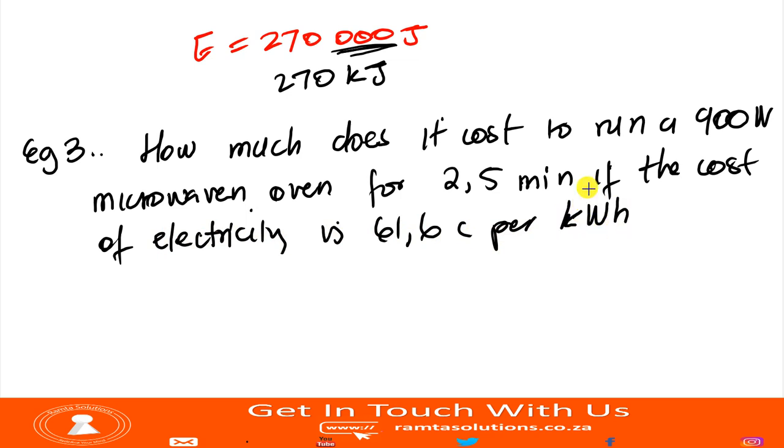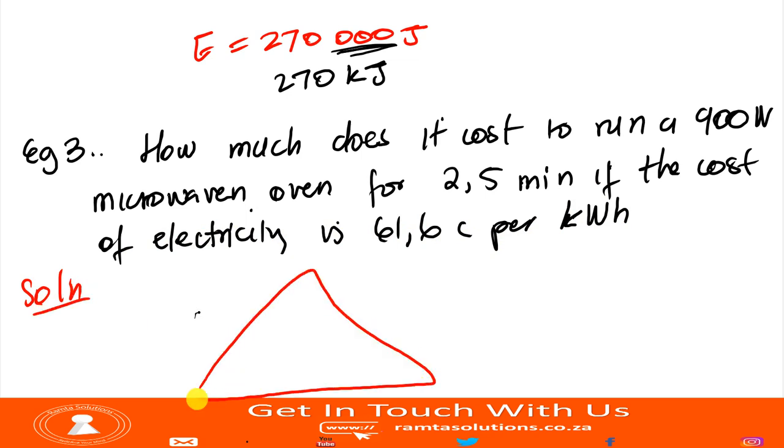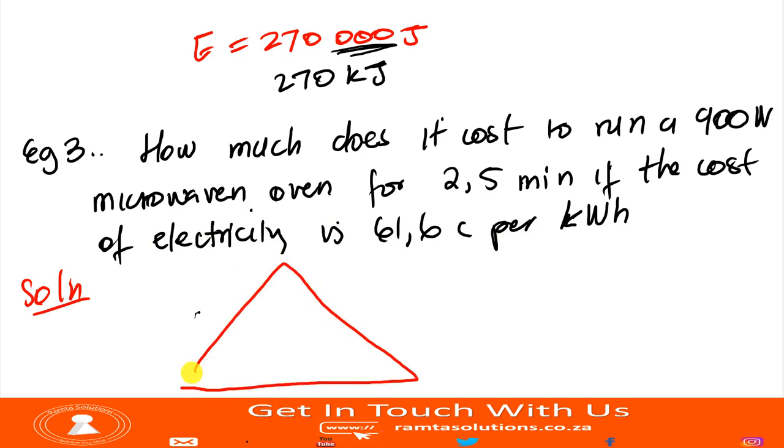So remember, I gave you this triangle in our solution. Let me remind you, I gave you this triangle. I said call this cost, and then call this energy, and then call this tariff.